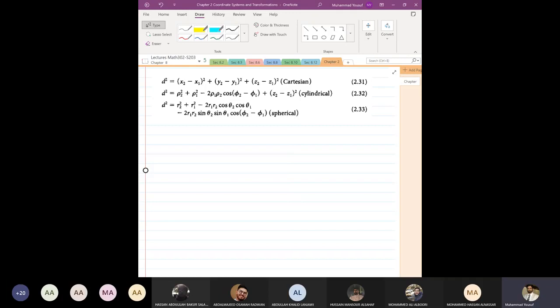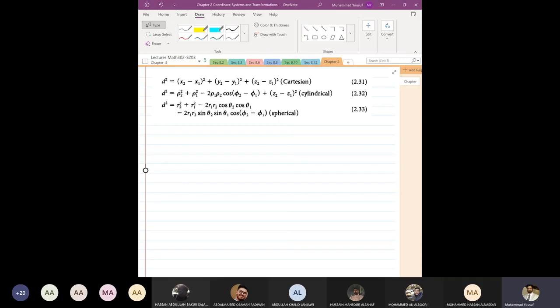A vector is given in one coordinate system, you need to convert into other coordinate systems. And you can also evaluate in the other coordinate systems. And 2 points are given, find distance between them. That is the simplest thing using these formulas.